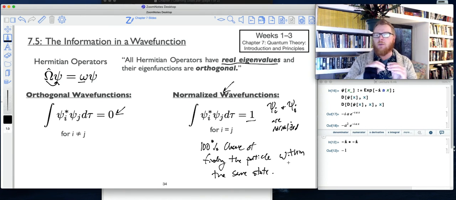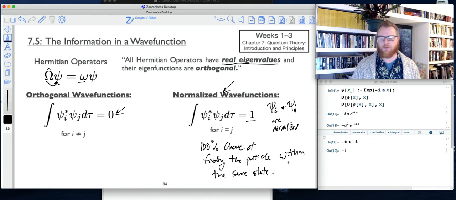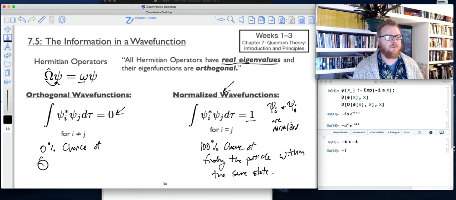Somewhere meaning some distance along an x-axis, for example. The interpretation of orthogonality is that there is a 0% chance of finding a particle between states.